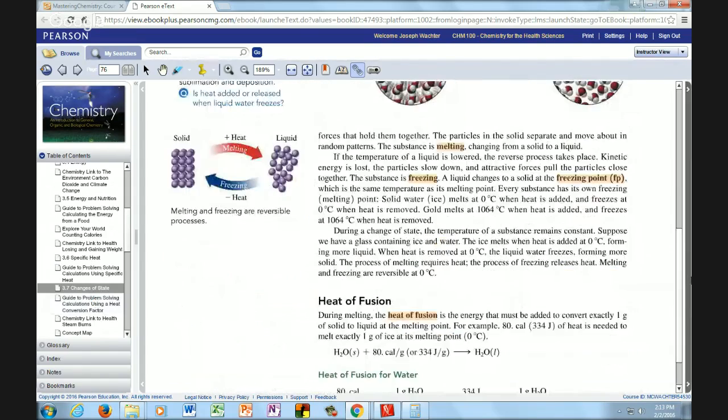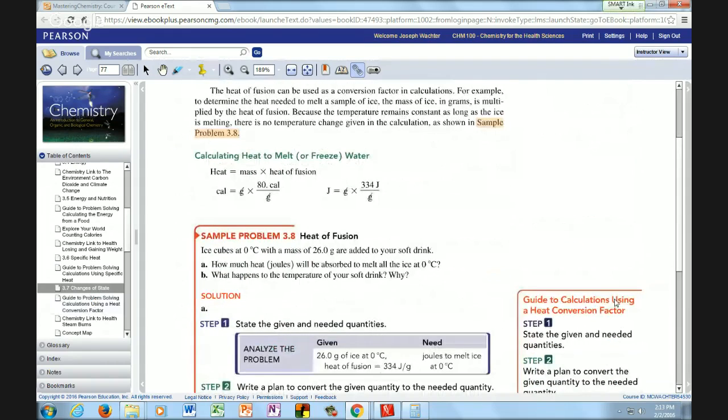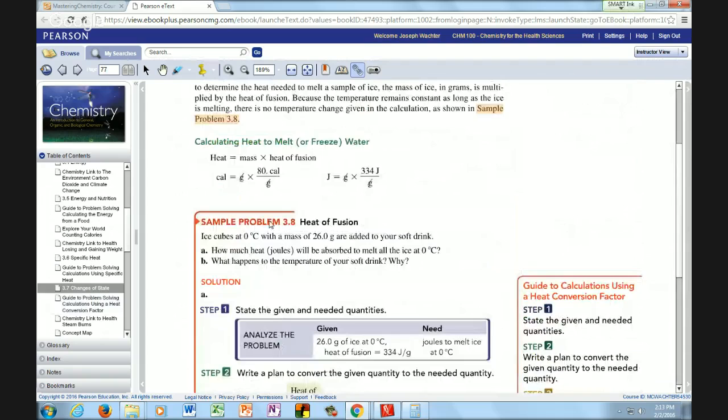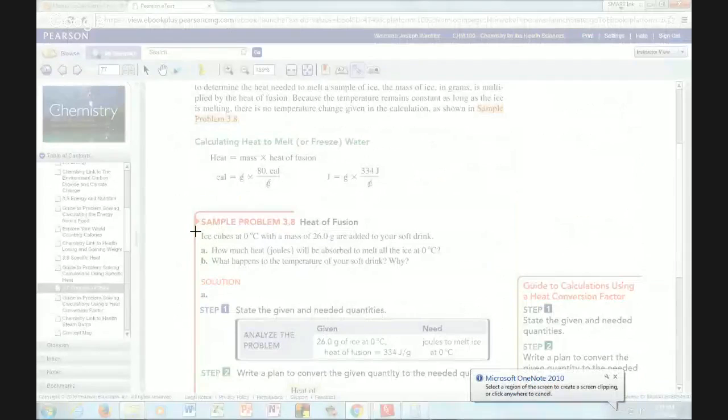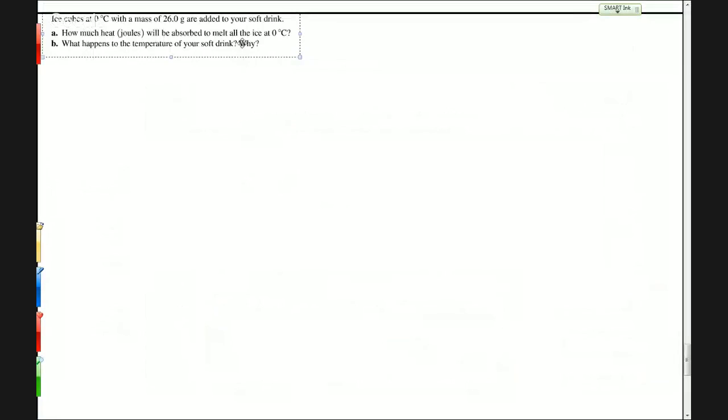Let's look at a problem that deals with a change of state here, because we will deal with changes of state in lab tomorrow.